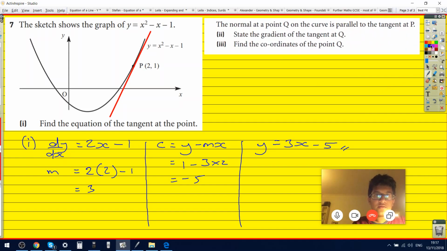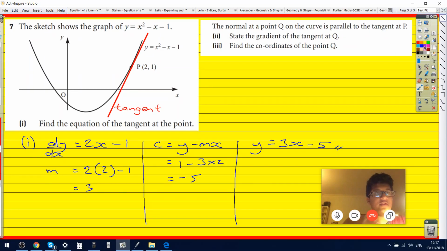The normal at a point Q on the curve is parallel to the tangent at P. State the gradient of the tangent at Q. So basically state the gradient of the normal at a point Q. So there's a different point Q where the normal is parallel to the tangent at P. I think it will be the same.